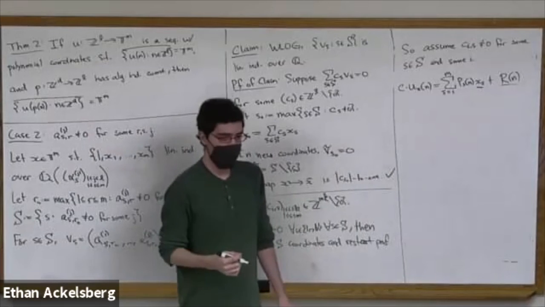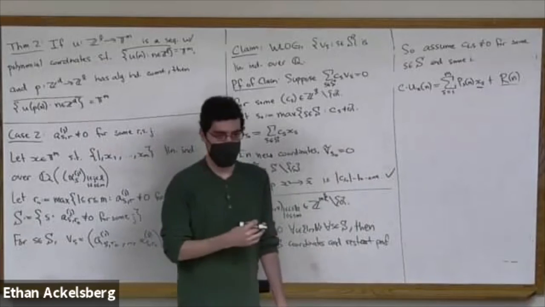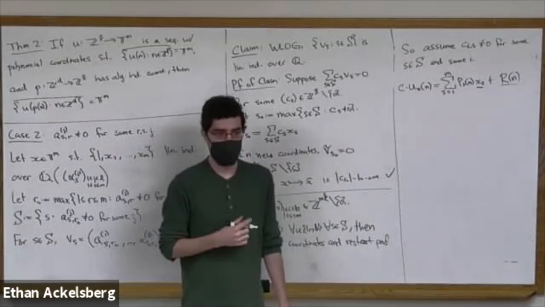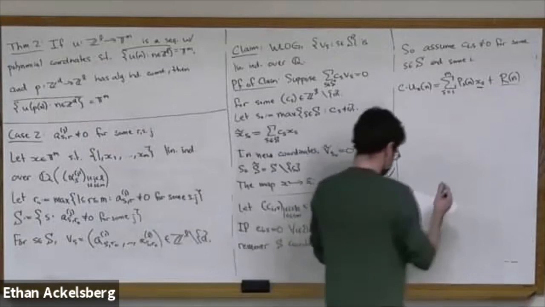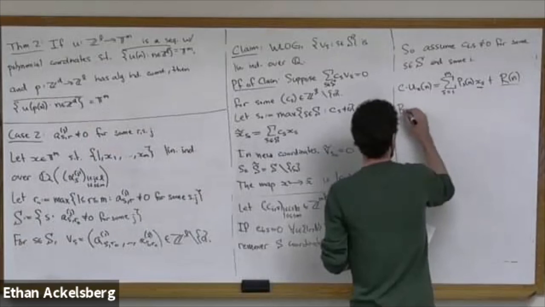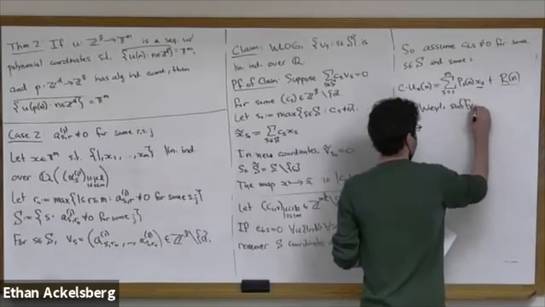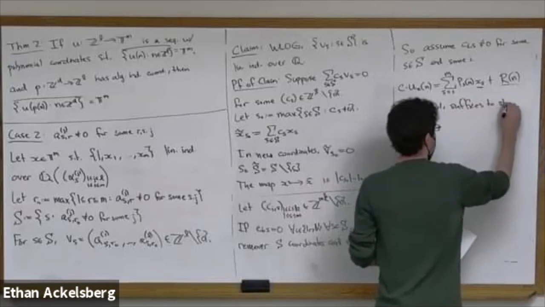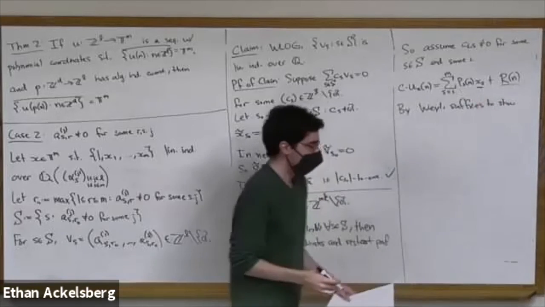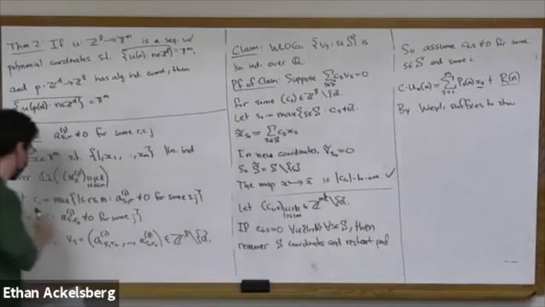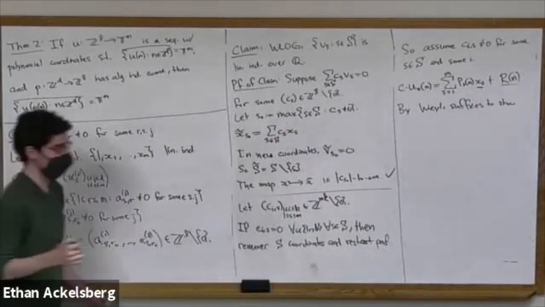So all we have to show is that one of the P's is a non-constant polynomial. By Weil, it suffices to show that one of these is not constant. But we have a special one, R0, that we're going to show is not constant.